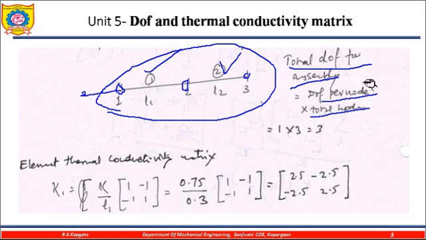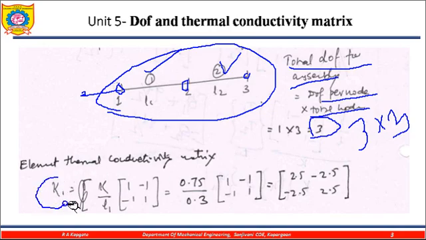So DOF multiplied by total nodes is 3. Hence after assemblage my matrix should be a 3 by 3 matrix, otherwise there is something wrong. So we are interested to find out first of all the element stiffness matrix.